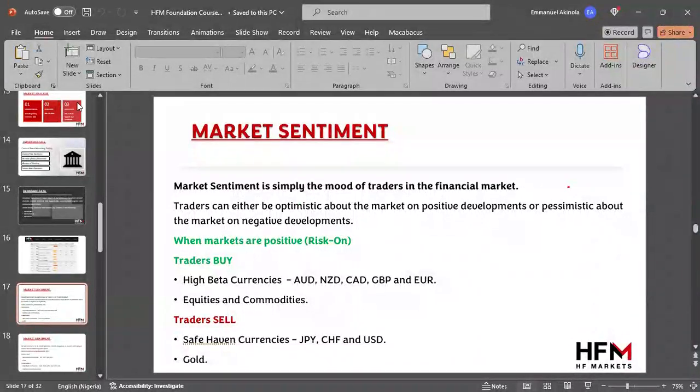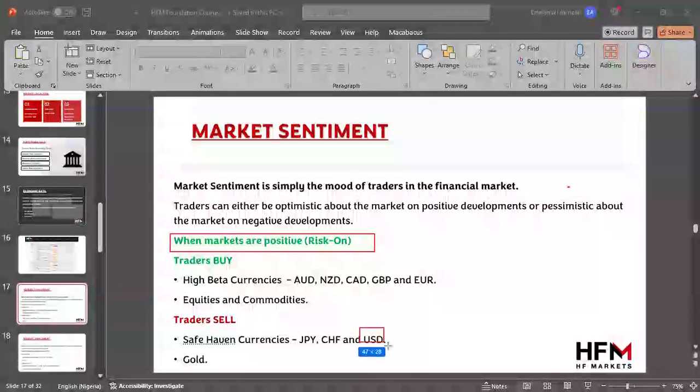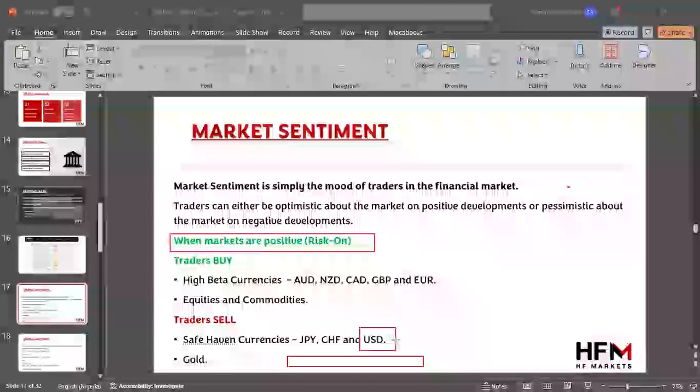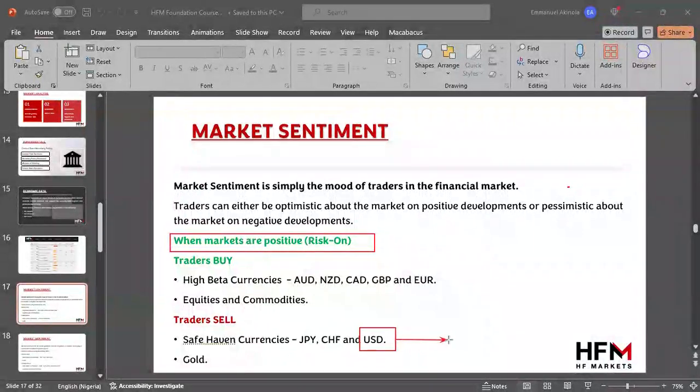In a positive market sentiment, when market participants are positive, optimistic, risk on, the USD is actually a weak currency. That's why traders sell the US dollar. So ordinarily, the USD is weak during a positive market.